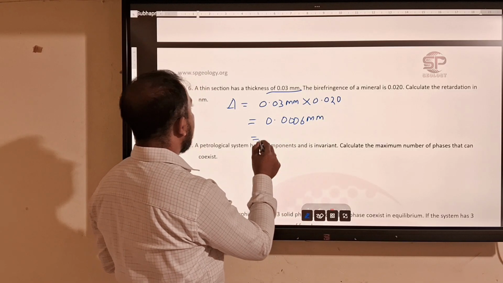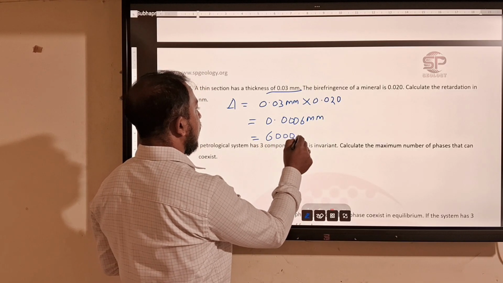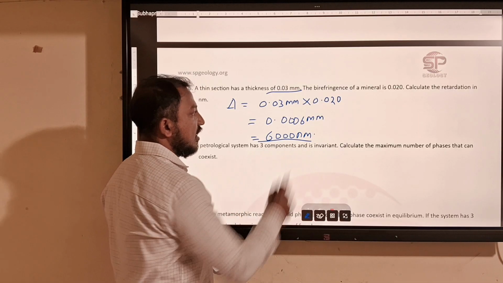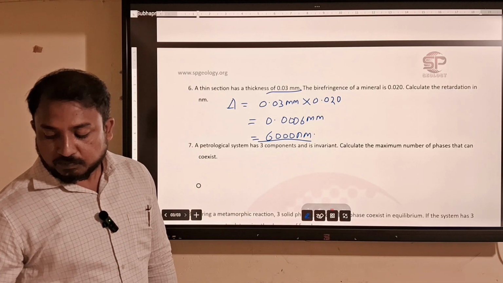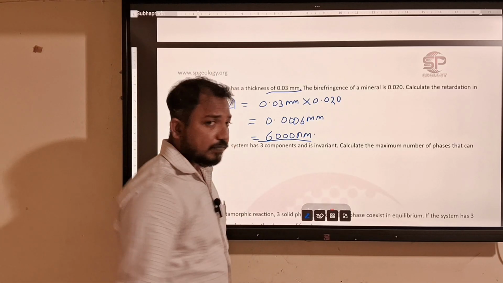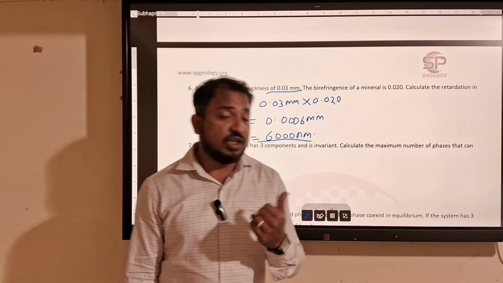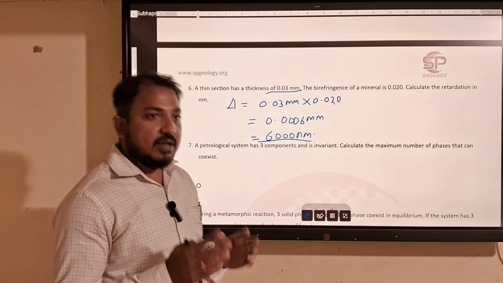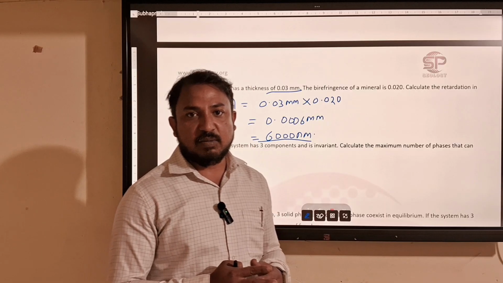If you convert it into nanometers, it will be 6000 nanometers. So the answer will be 6000 nanometers. These thickness and birefringence numericals are very important, and you'll find them in each year of the IIT-JAM questions.